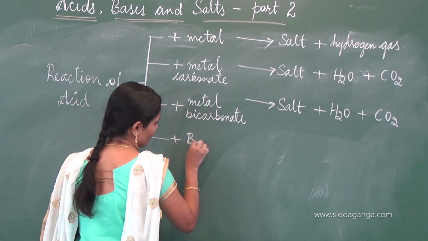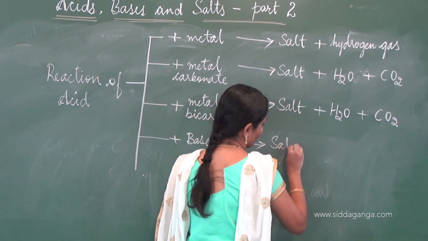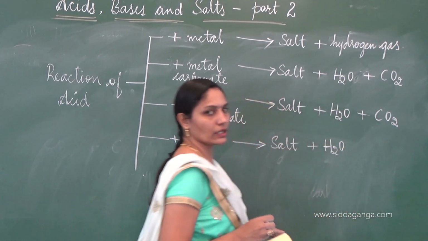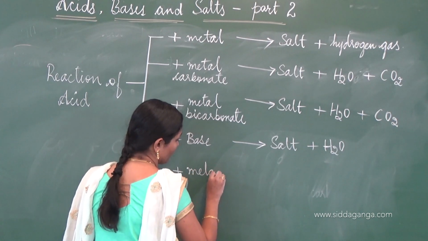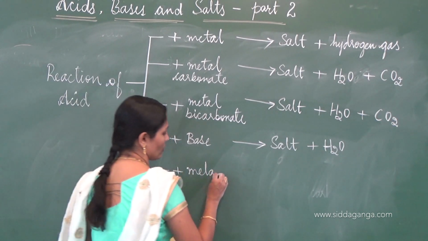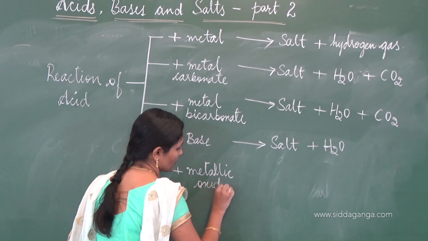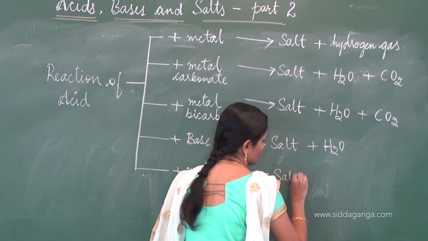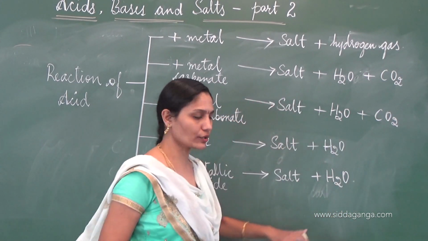With base, we found that salt and water is formed, and finally with metallic oxides, acids form salt and water. Is this clear to you?